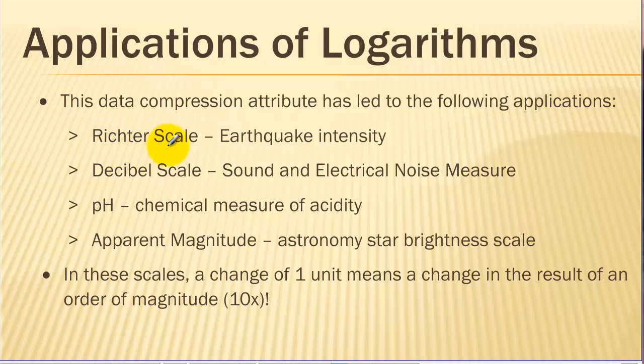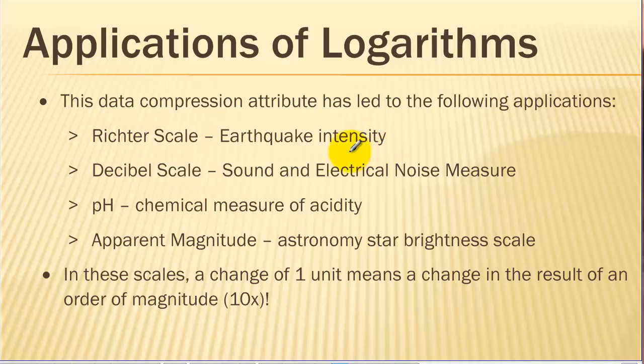This Richter scale is measuring the intensity or the amount of power in an earthquake, and that range of numbers would be quite large. So we use logarithms of the actual intensity for reporting, so it makes the numbers easier to understand.